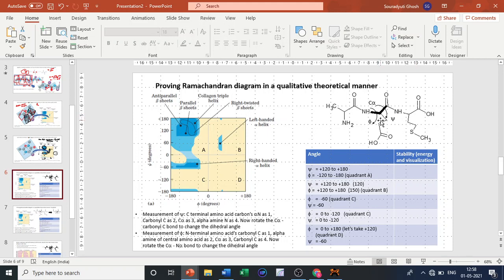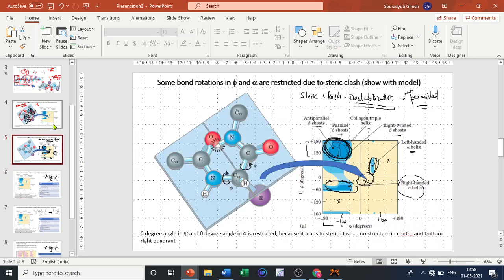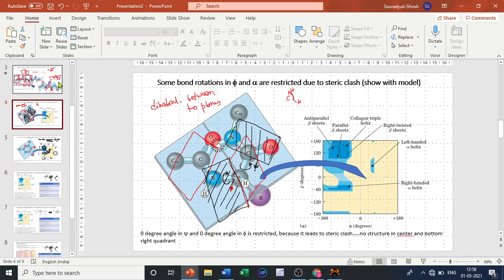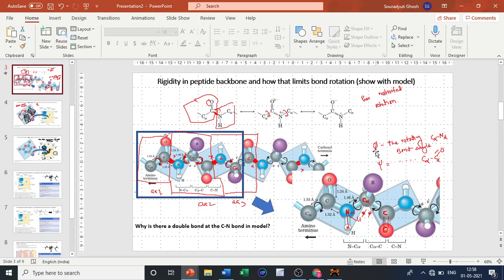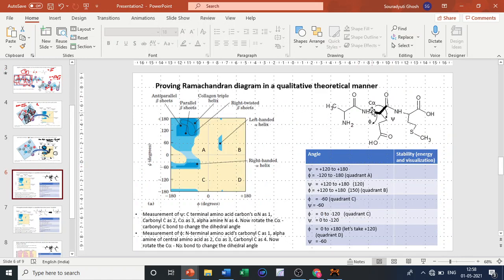Okay, so this is the angle that would need to be considered. C alpha to N, remember, is phi, and C alpha to CO of that amino acid is psi. This is what I have written here also. That is what we will measure.